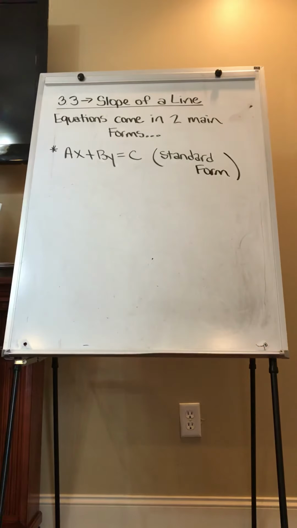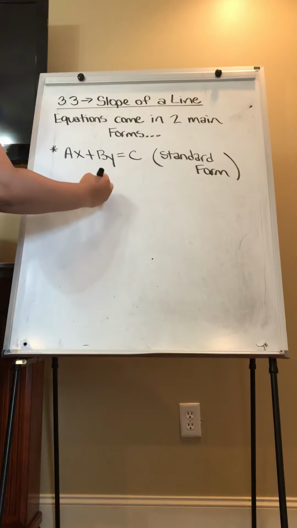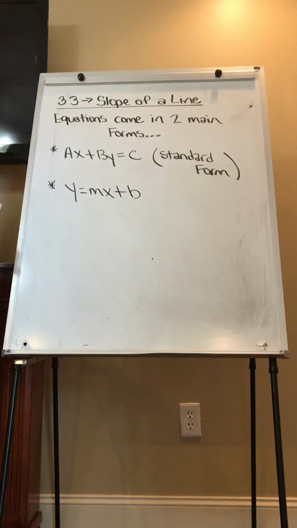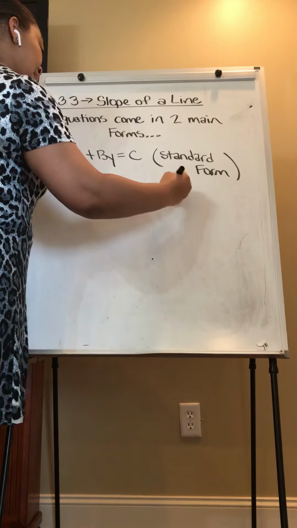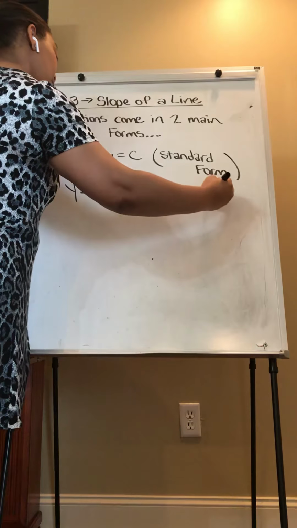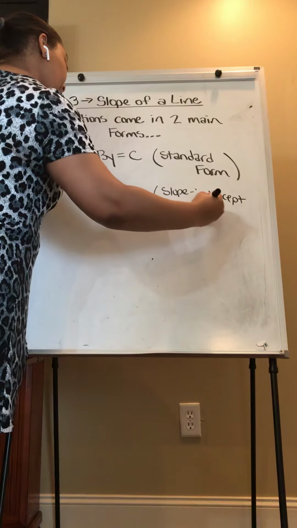Okay? That's our standard form. X and Y are on the same side. Okay? Now, you're probably more familiar with y equals mx plus b. Okay? That is our more famous form. And it's known as slope-intercept form.